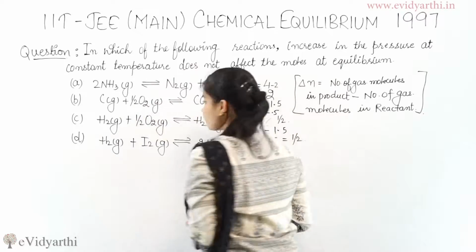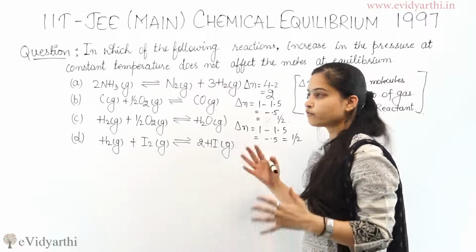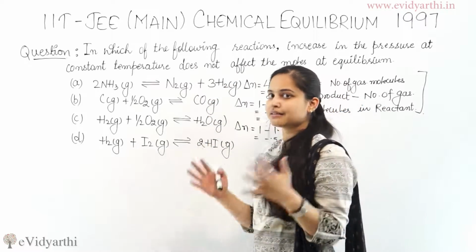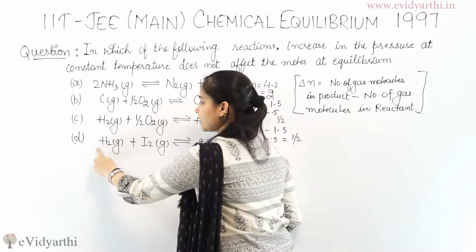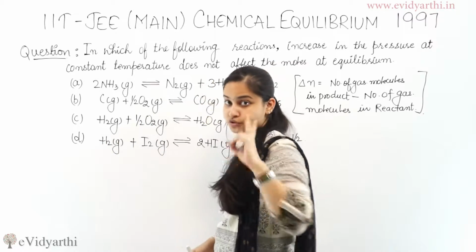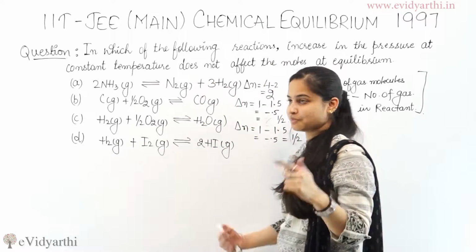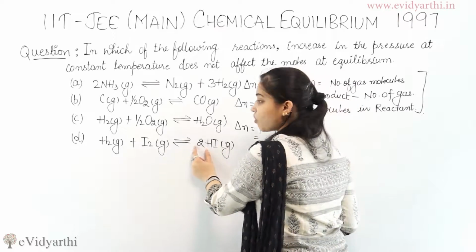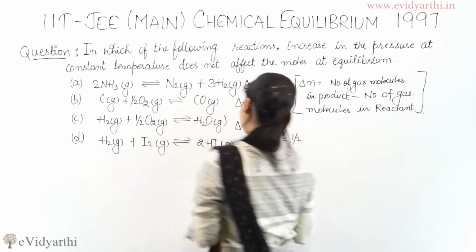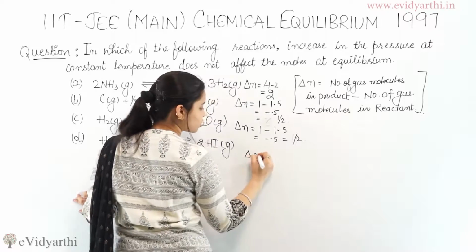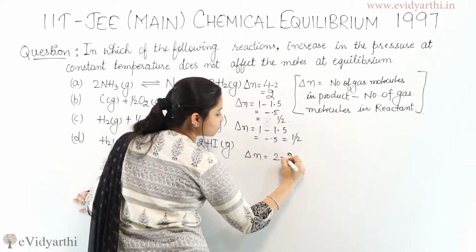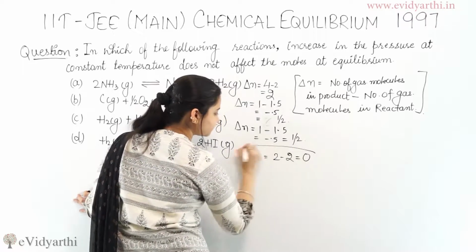Okay. Now in the fourth equation, number of moles which are present in the reactant side is 1 plus 1, which is equals to 2, and number of moles which is present in the product side is also 2. So delta N in this particular equation would be 2 minus 2 is equals to 0.